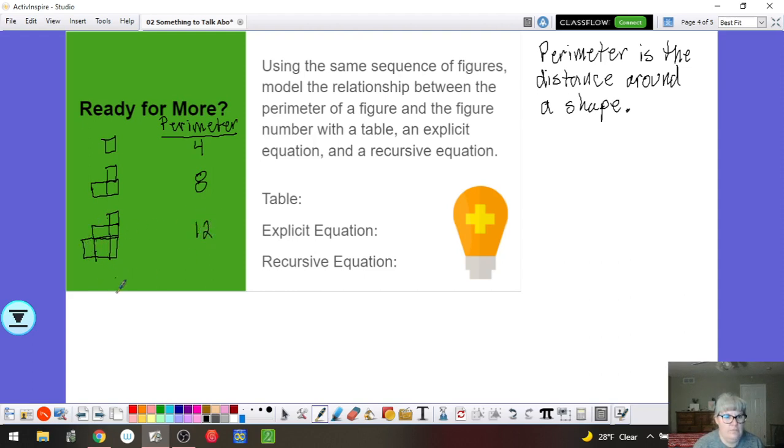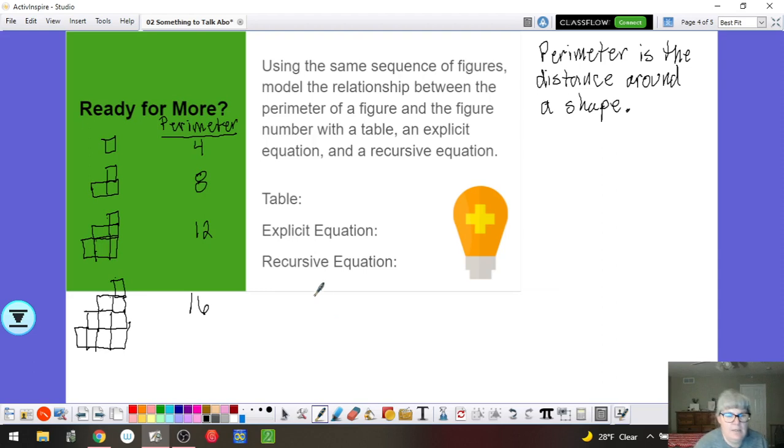And for the fourth figure, one more row. We have a perimeter of 16.